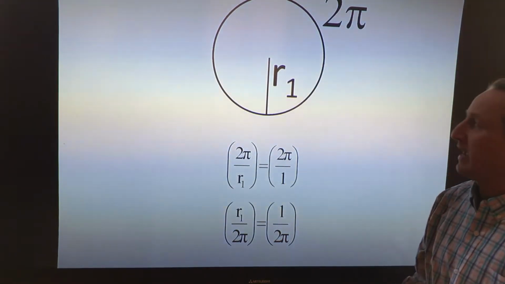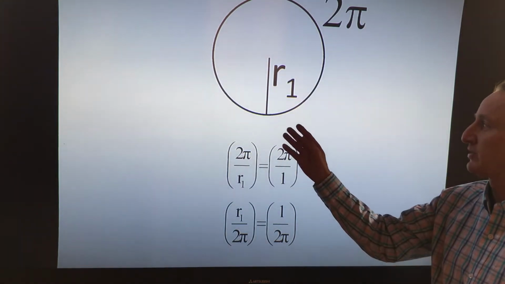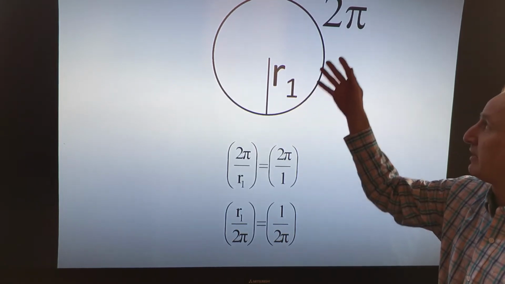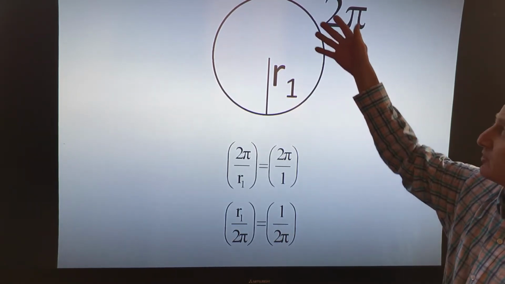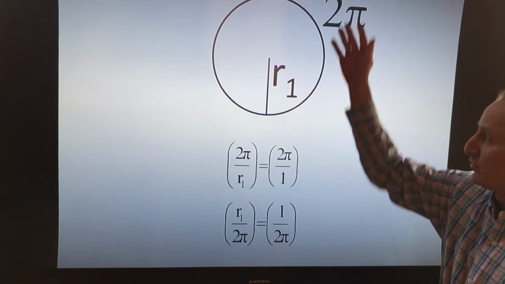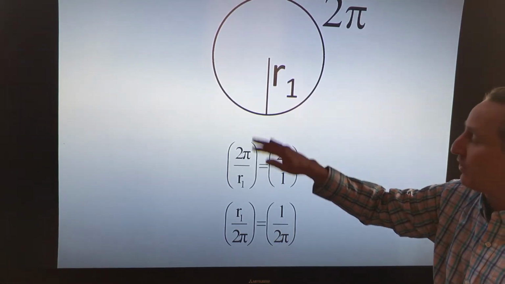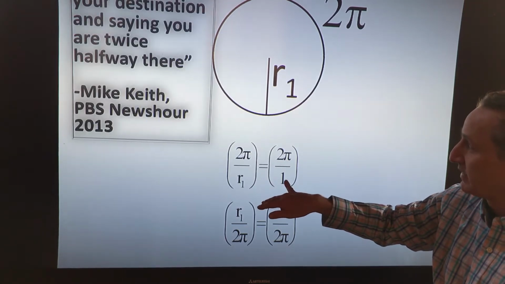Now this is a whole circle to r, and it's got to be 2 pi's, because pi was only half a circle. The whole circle is 2 pi's, still a ratio to the same unit r, the unit radius.